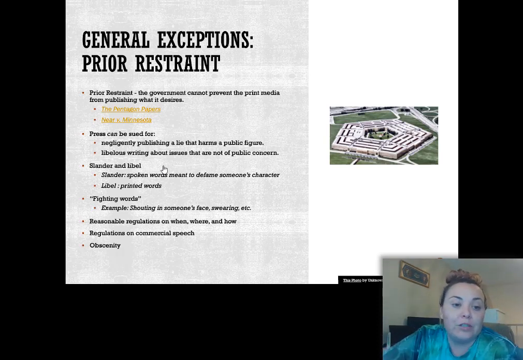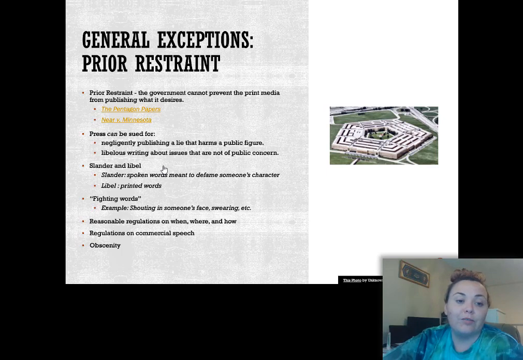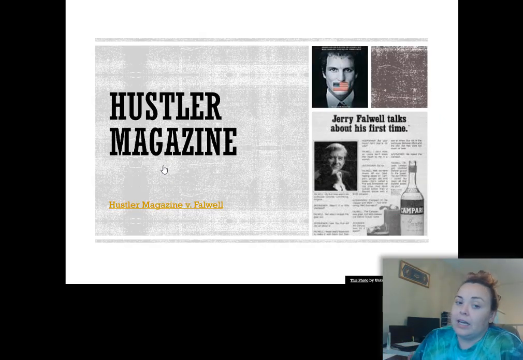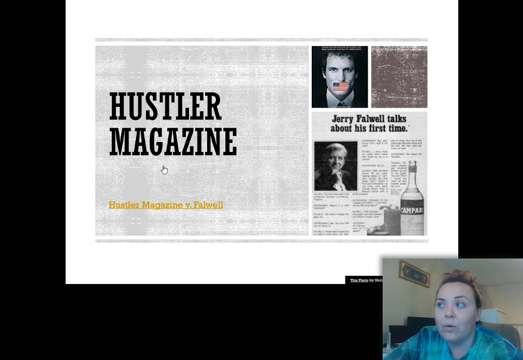Jerry Falwell attempted to sue for emotional distress, slander, and libel, negligently publishing a lie that harms a public figure in particular. And in this case, the Supreme Court said it was so outrageous and so stupid that no normal person would consider it to be true, especially the contents of the magazine itself. You know, they said part of being a public figure is having people not like you and publish things that are maybe inaccurate.